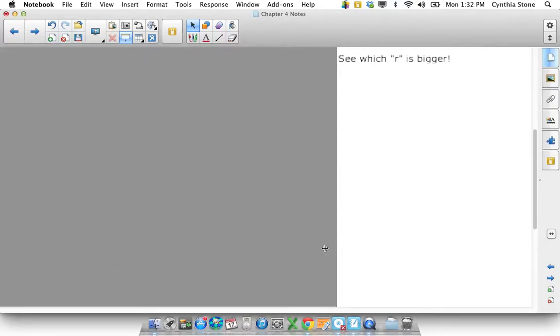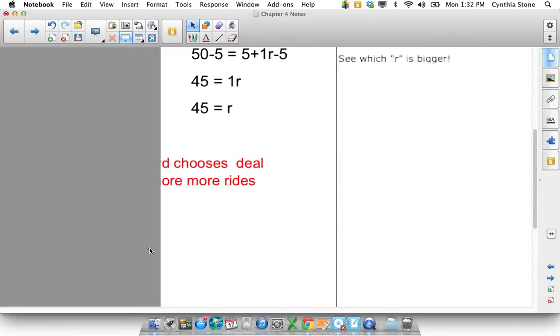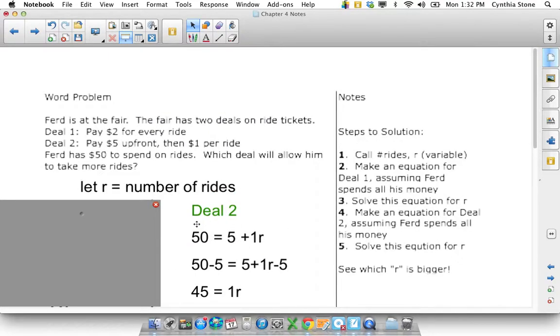So I'm just going to move this over so that we can see, this is actually deal 2, but in deal 2, let's see how I came up with this equation. He has $50 to spend, and that's got to equal the $5 that he has to pay up front. So this 5 is this 5, and then his $1 per ride, $1 for every ride. Okay?